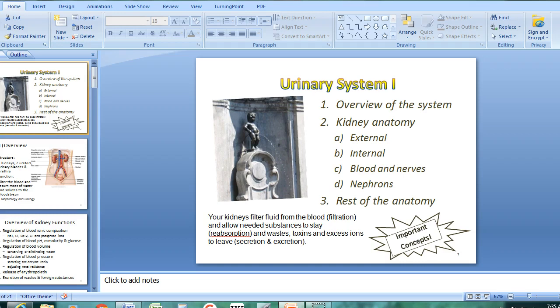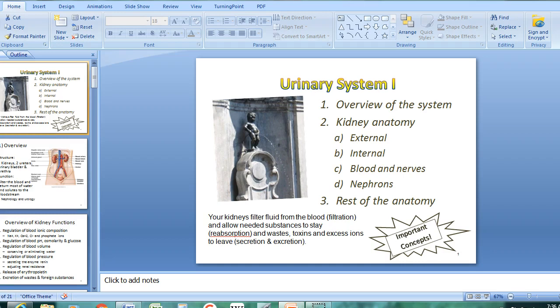We talked about the cardiovascular system with its blood. We talked about how the respiratory system puts gases into that blood and gases out of that blood. We talked about how the digestive system puts nutrients into that blood. And here we look at how that blood gets filtered.